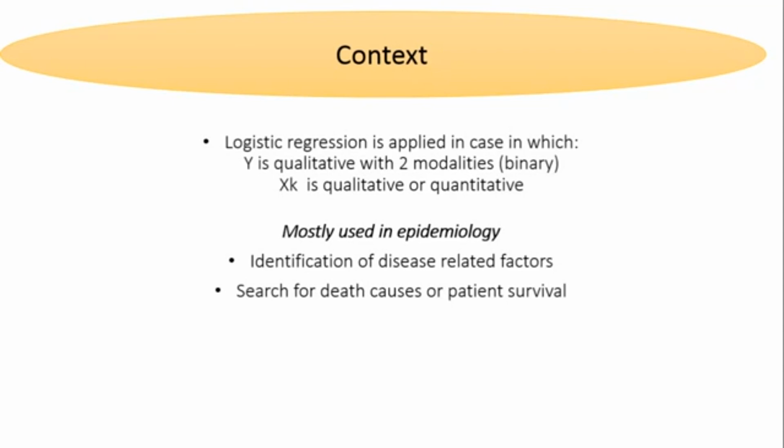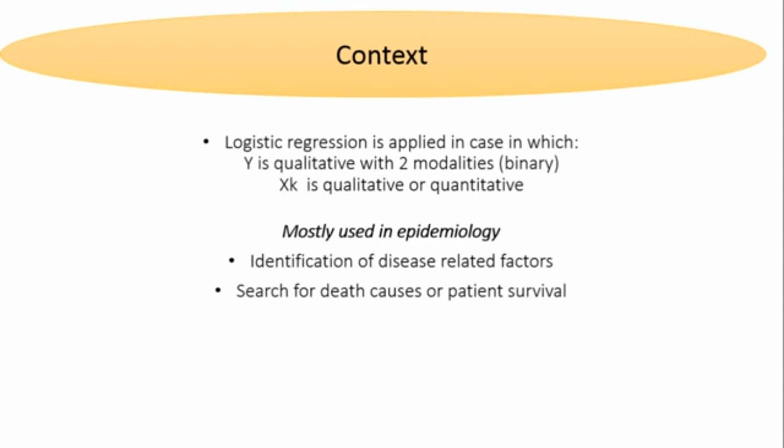That's the foundation of logistic regression. And to explain your binary variable, you need to have explanatory variables in the number of k that can be qualitative or quantitative in order to explain your variable.